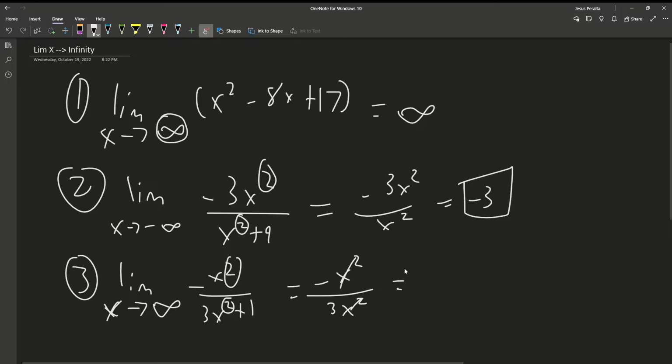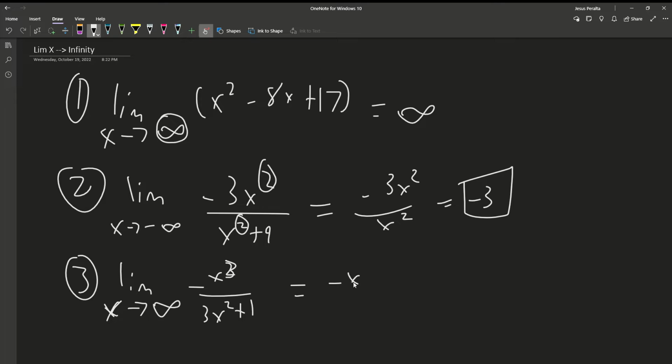These cancel out, so you basically have, actually I wrote the problem wrong. So this right here is actually supposed to be a 3. So we rewrite it. It's going to be negative x cubed over 3x squared.